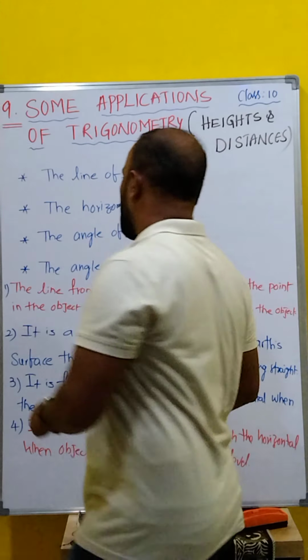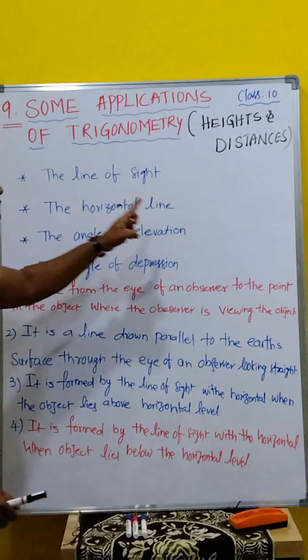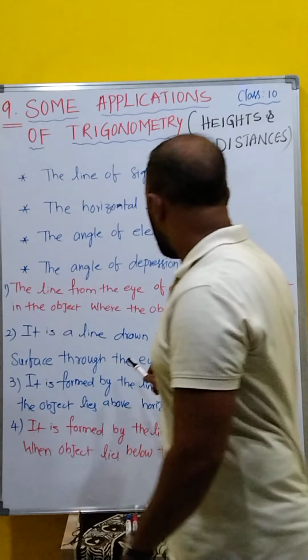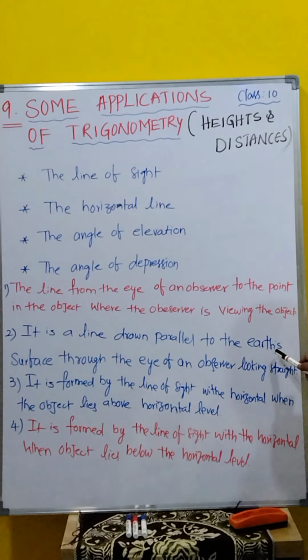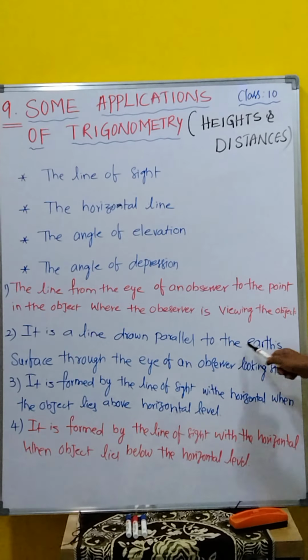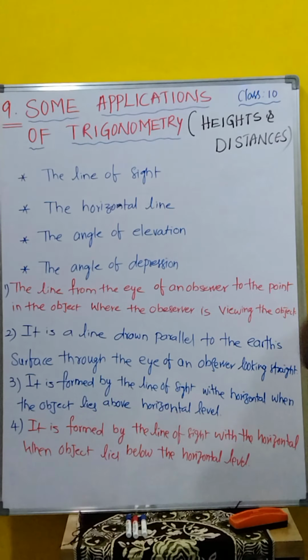Now we will go for the second one, the horizontal line. First one, line of sight, done. Now what is the horizontal line? It is a line drawn parallel to the Earth's surface through the eye of an observer looking straight.